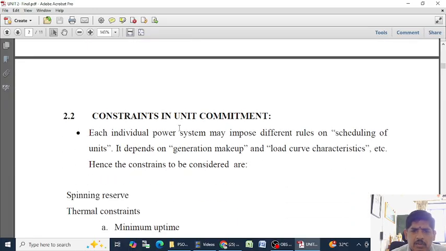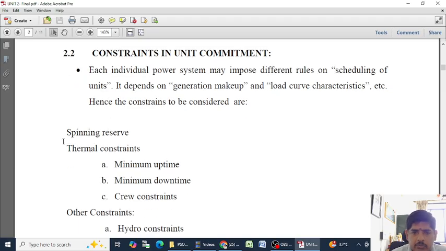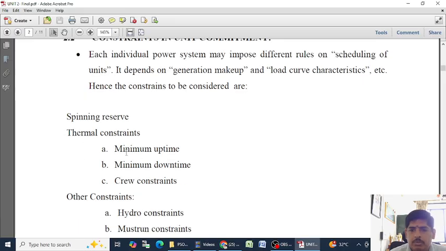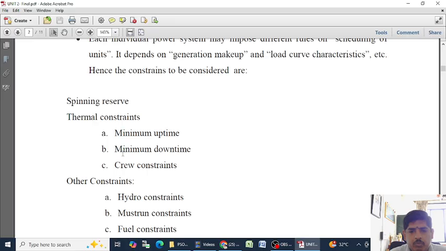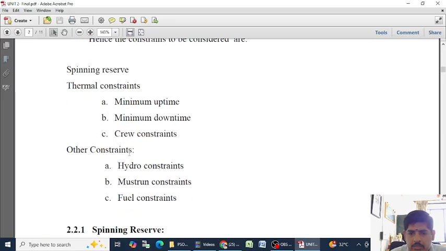Finally, what constraints will be considered for unit commitment? First is the spinning reserve. Then thermal constraints, which include the minimum uptime and minimum downtime, and crew constraints also have to be calculated. Some other constraints are hydro constraints, must-run constraints, and fuel constraints.